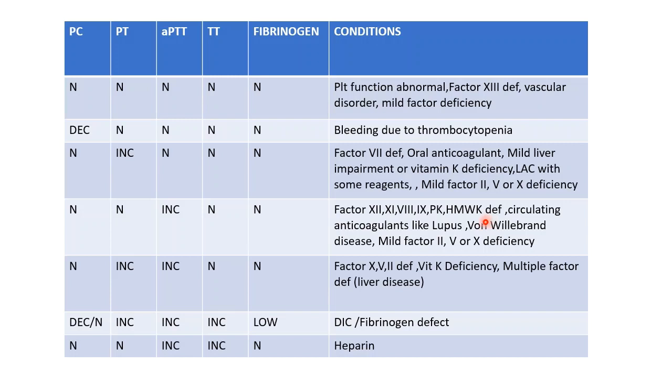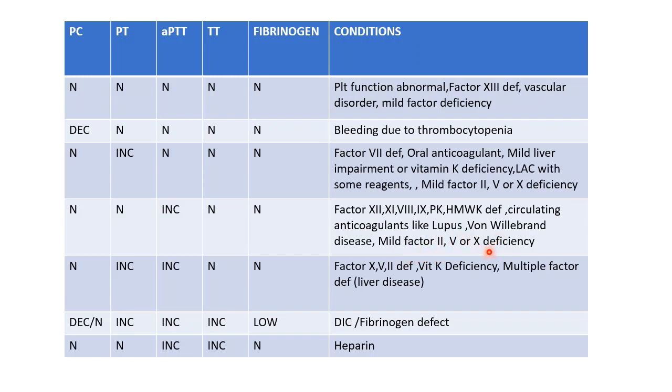Here also, whether the patient is bleeding or non-bleeding can give us a clue as to which factor we're talking about. If the patient is not bleeding, then factor 12, PK and HMWK are the causes. Circulating anticoagulants like lupus, von Willebrand disease, and mild factor 2, 5 or 10 deficiency are other conditions.